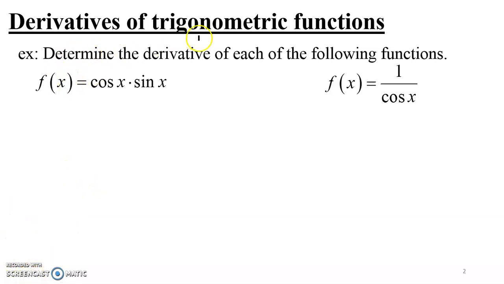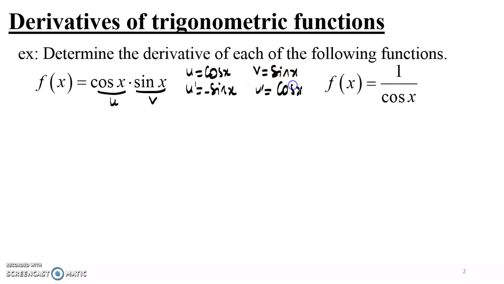So over here, I need to determine the derivatives of each of the following functions. We are given the first function to be cosine x times sine x. Now, we can first look at this as u times v, the product of cosine and sine. So over here, u is cosine x, so u prime would be negative sine x, and v is sine x, so v prime would in fact be cosine x.